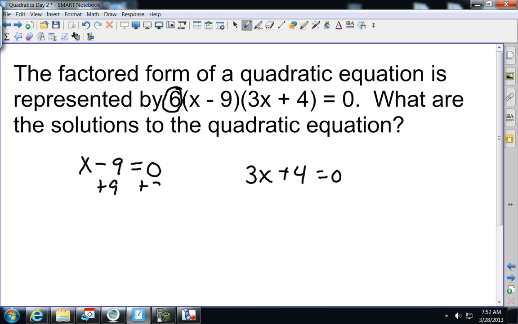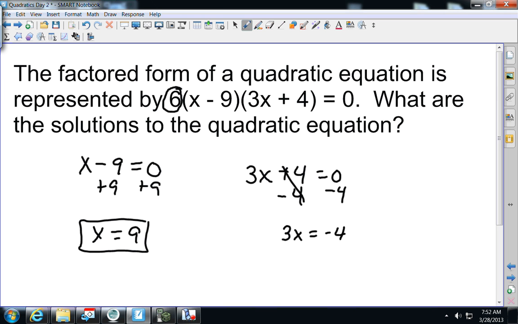So you add 9 to each side for the first one, and x equals 9. That's one of your solutions. The second one, I'll subtract 4 from each side. 3x equals -4. I'm going to divide by 3. X equals -4/3. So in this case, I have 2 solutions. One is positive, one is negative.